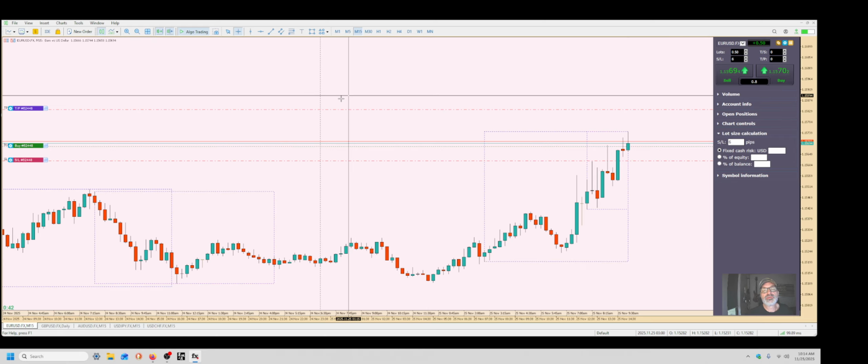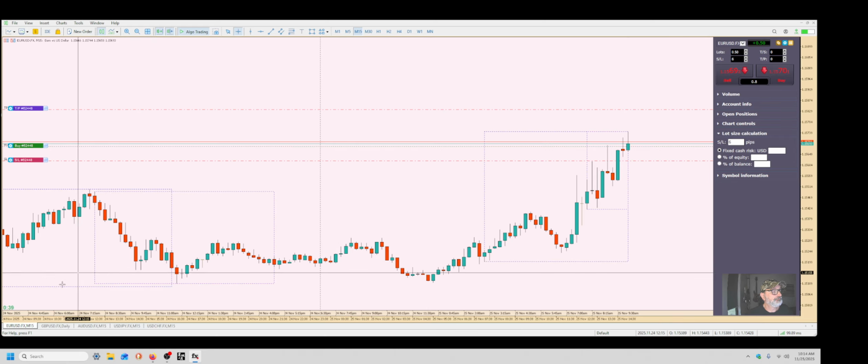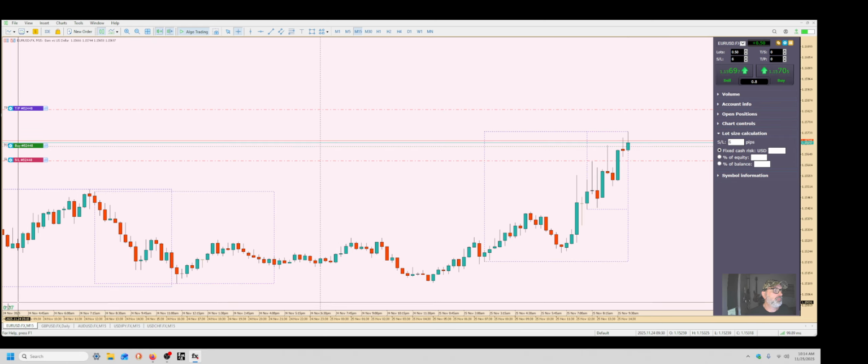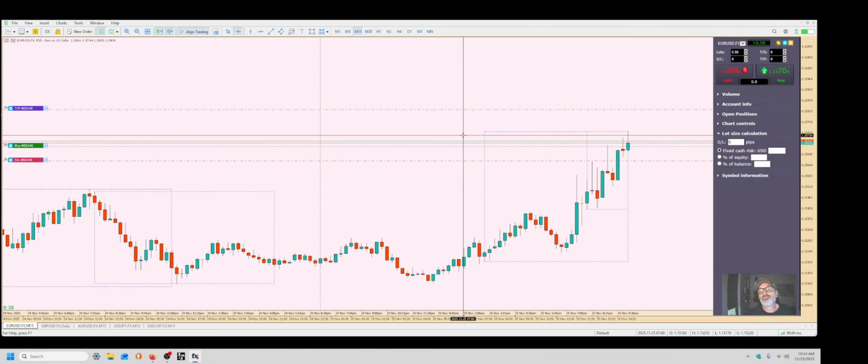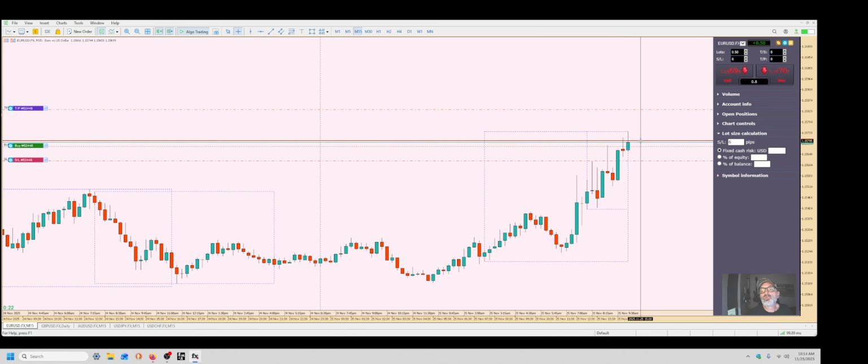I'll put you on pause and we'll see how this ends up. We'll wait the 35 seconds and we'll see. Want to see this candle close about right here, at least, to be about the 50% mark of the candle.